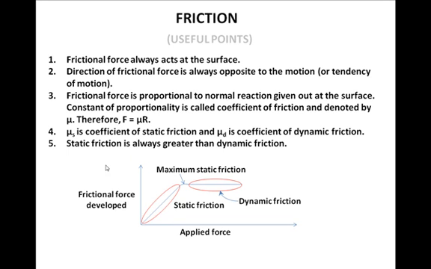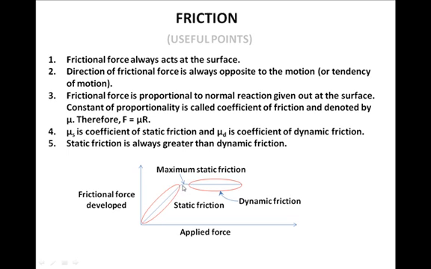Mind you, look at this graph. Let's say two surfaces are in contact and I increase the force. The frictional force which gets developed also keeps increasing. But there is a limit. There is something like maximum static friction, which is always greater than the dynamic friction.